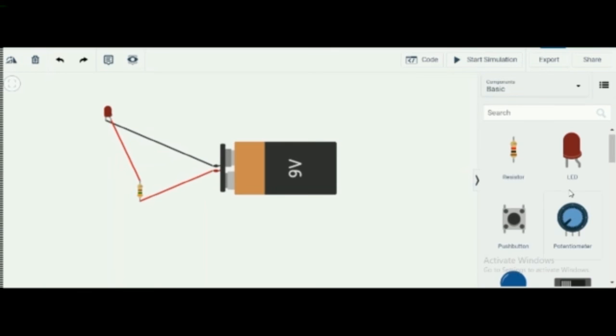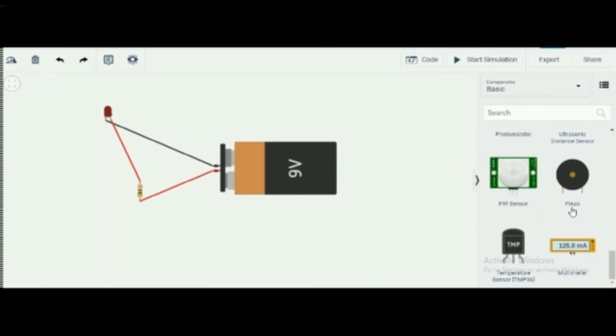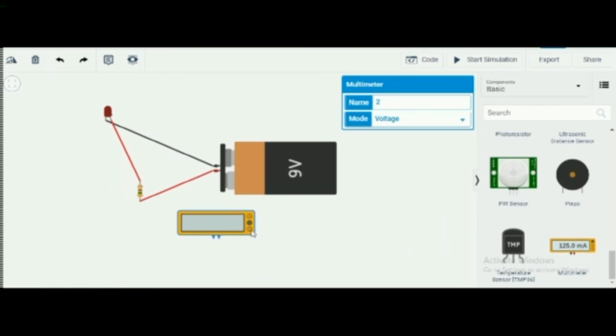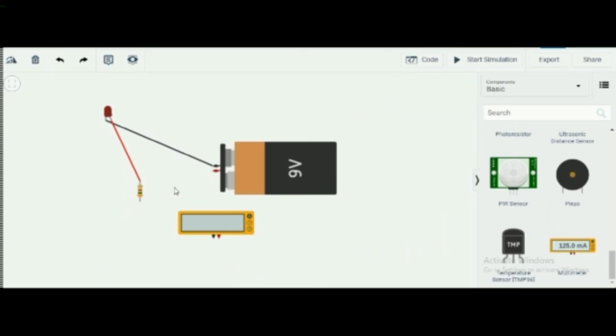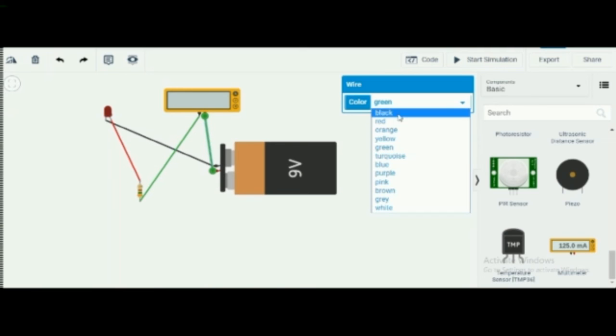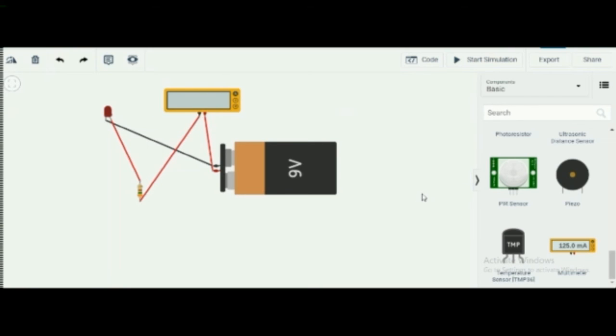For current measurement purpose, I am connecting a multimeter in series with a battery and resistor. Another multimeter is connected across the LED to measure the voltage.